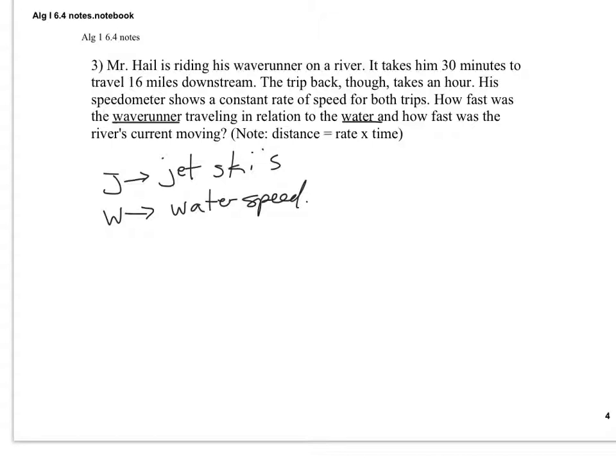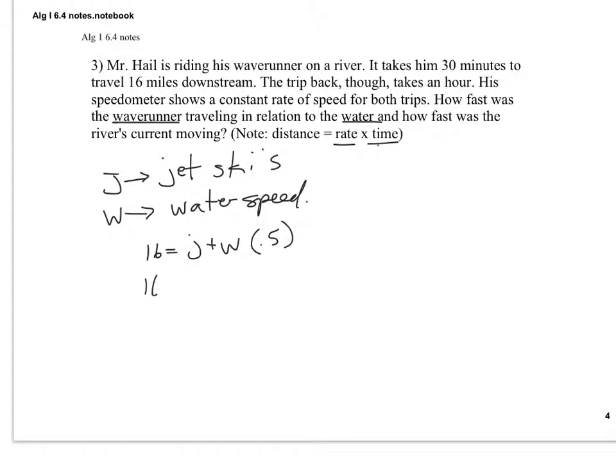So I'm going to go distance, which is 16 miles, and the first trip, I've got help from the river, so I've got J plus W. My rate, J plus W, multiplied by my time, so 30 minutes, I'm going to call that 0.5 hours.